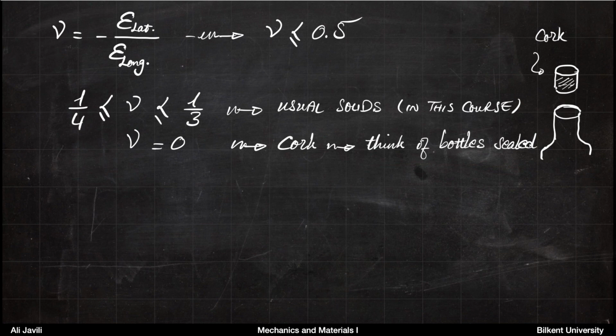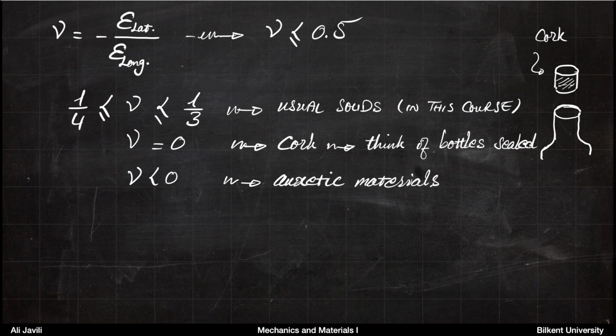If cork had a large Poisson's ratio, it would be very difficult to seal a bottle with it, because when you push it inside the bottle, it would want to expand in the other direction, and that makes it difficult to use. So this particular property, that it is essentially fully compressible, makes it a suitable material for sealing.